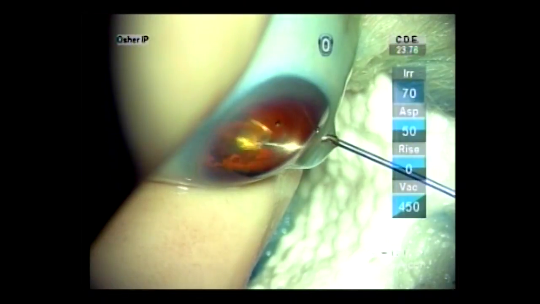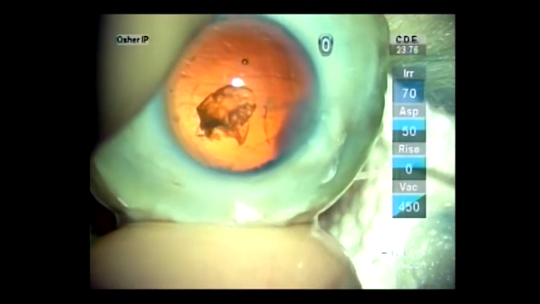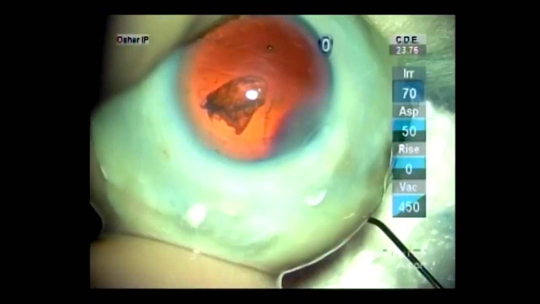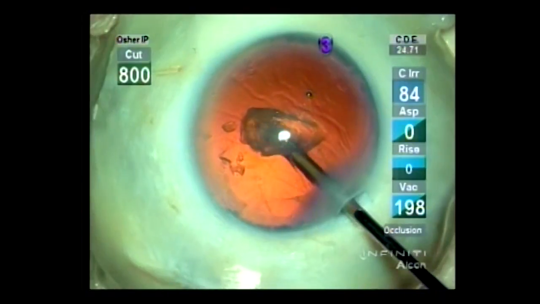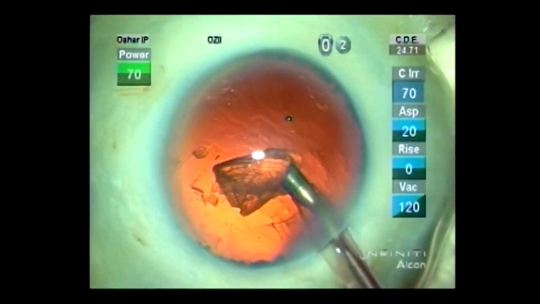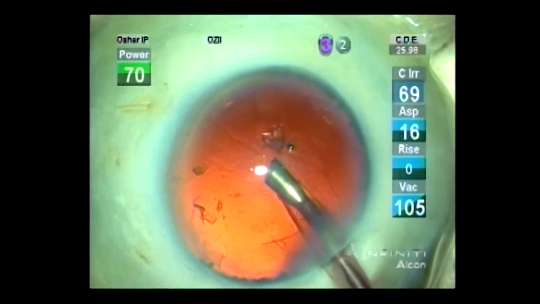The OVD is injected, the eye is re-inverted, and the nucleus stays magically suspended on a bed of Healon5. An additional vitrectomy confirms that there is no vitreous, yet we are able to complete the slow-motion phacoemulsification over the OVD.